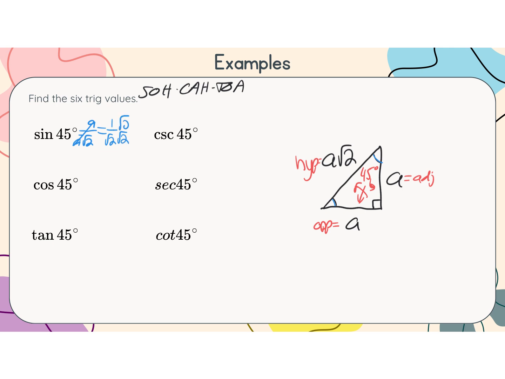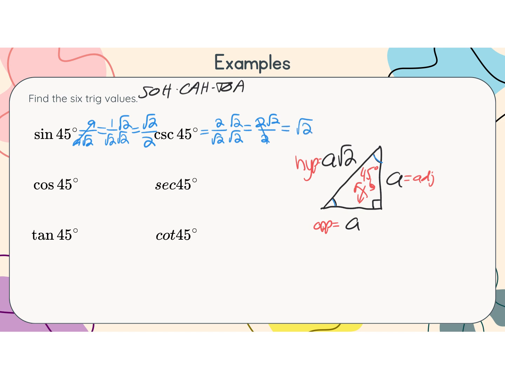But again, we want to rationalize this, and this is going to give us the square root of 2 over 2. Now to find cosecant, we're going to flip it. So this is going to be 2 over square root of 2. And then let's rationalize it. This is going to give us 2 square root of 2 over 2. And the whole numbers cancel out. This is just going to get us the square root of 2.